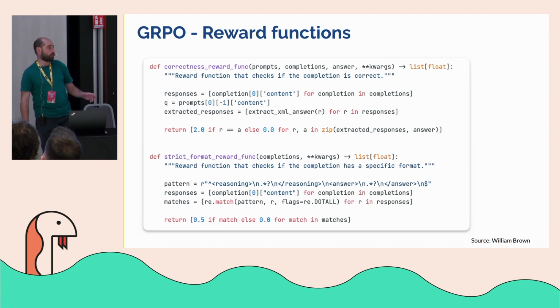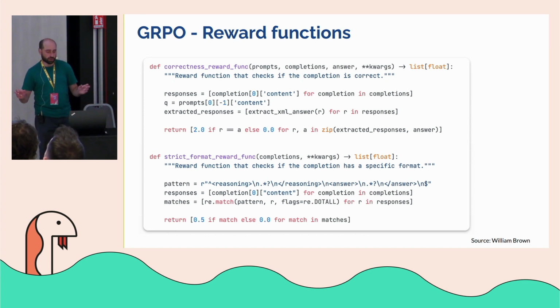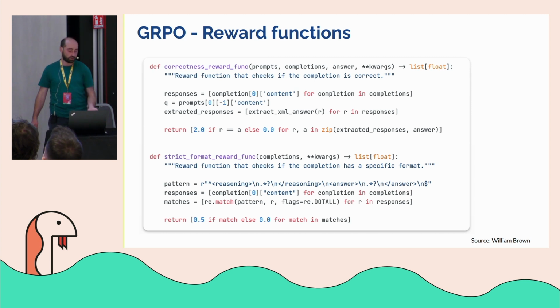Then we have a format reward function, because when we train models to reason, we usually want them to put their chain of thought inside, for example, reasoning or think XML tags, and the final answer into answer XML tags. So this function gives 0.5 if the format is respected and 0 otherwise.